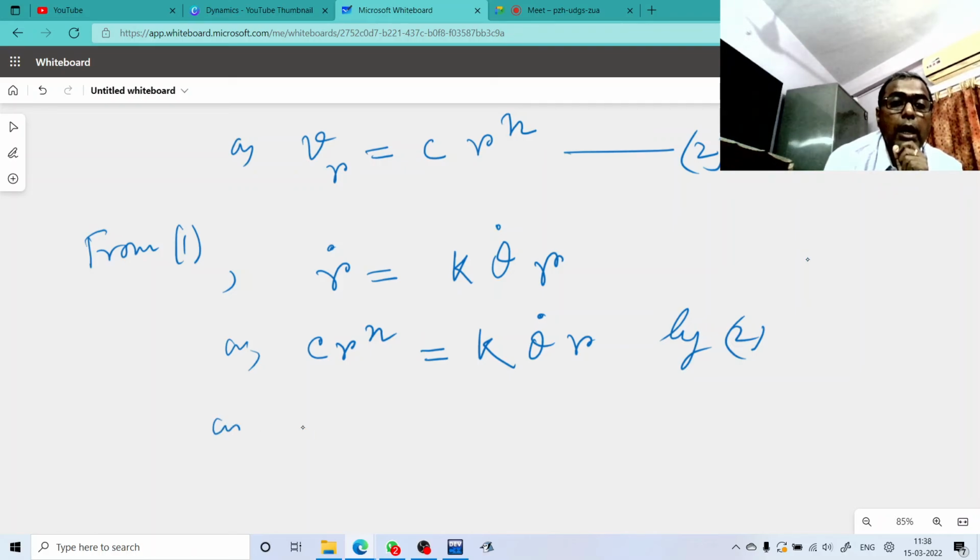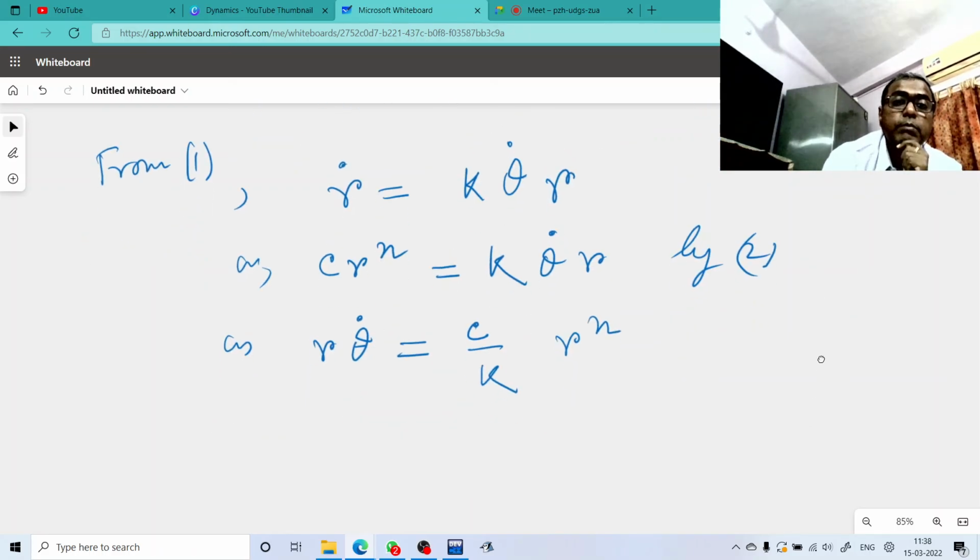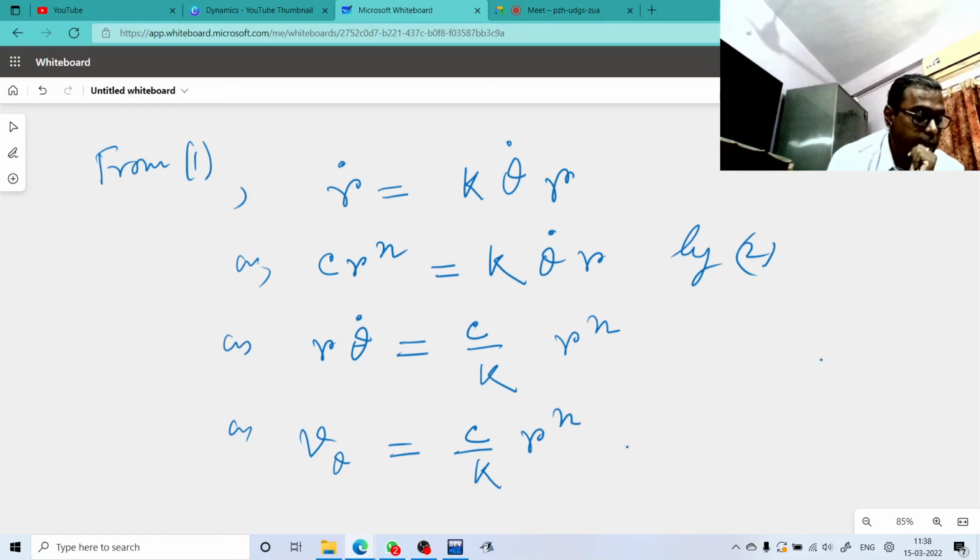So r theta dot equals c by k into r to the power n. Now r theta dot means v theta. So v theta, the cross radial component of velocity, is equal to c by k into r to the power n. This equation is 3.